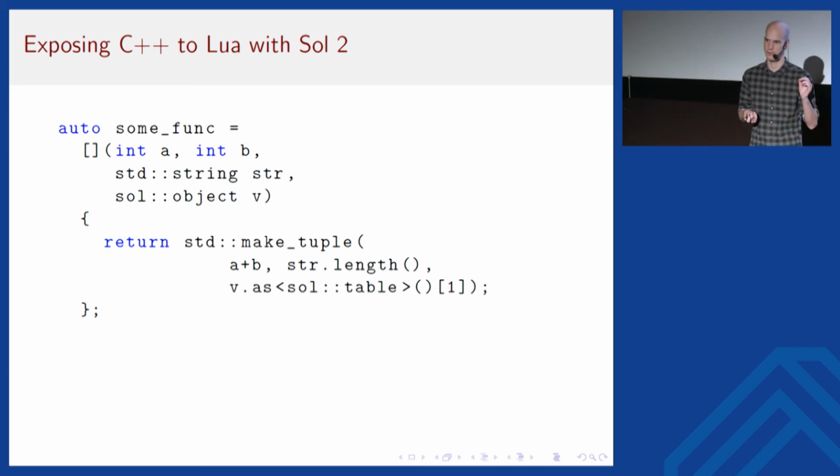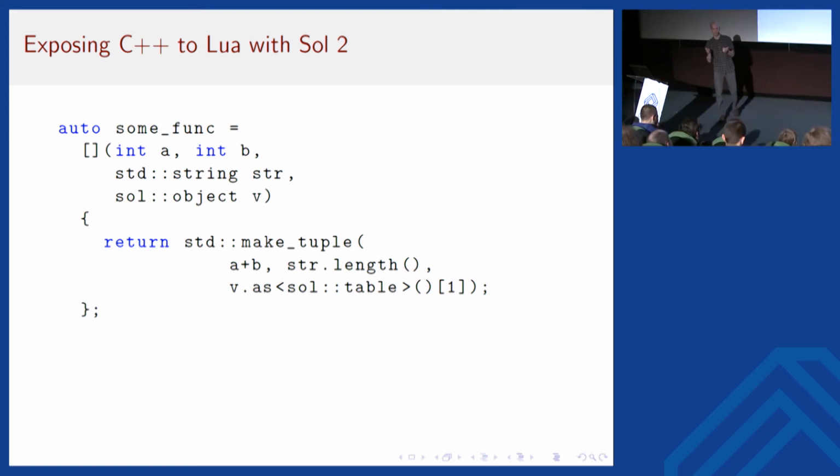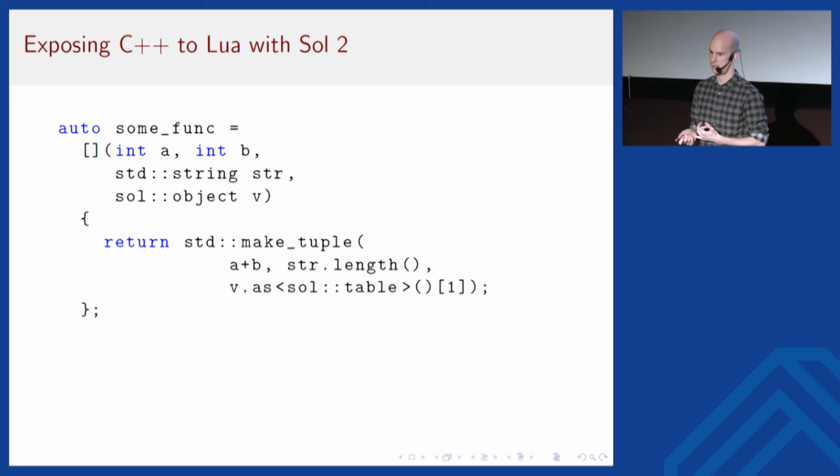Because as we saw before, we have to wrap all of our C or C++ functions in this signature where it just returns an int and takes a single Lua state as an argument. And then we have to write by hand all of this boilerplate code that takes care of getting the parameters on the stack and getting the return values again back from the stack. And Sol simplifies this a lot.